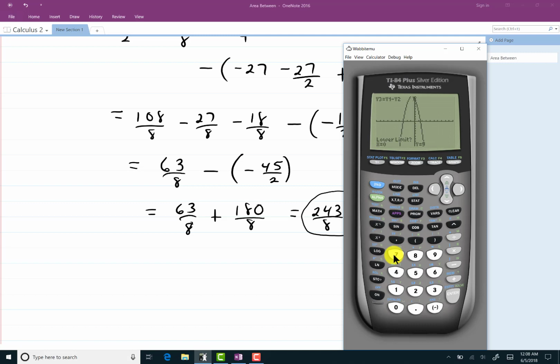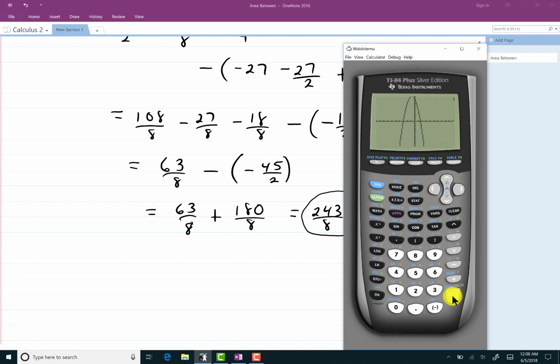What it will ask you for is a lower limit. You may type in negative 3. Hit enter. For the upper limit, you may type in 3/2.